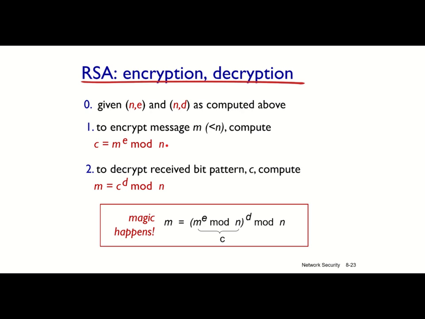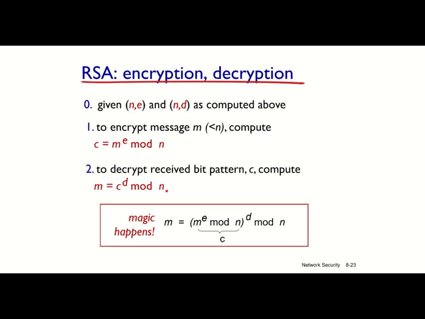That will give you the value for c, where e and n are the ones that we calculated before. Obviously, n and e are both public, but d is private. In order to decrypt the ciphertext c, we need to calculate c to the power d mod n.